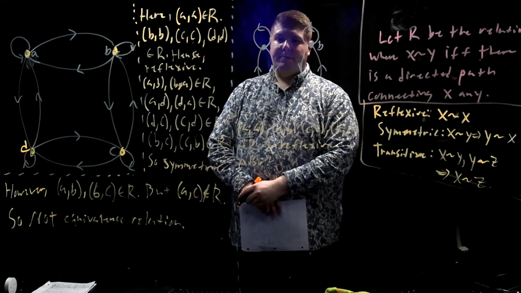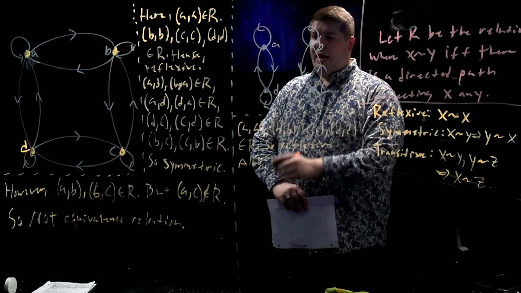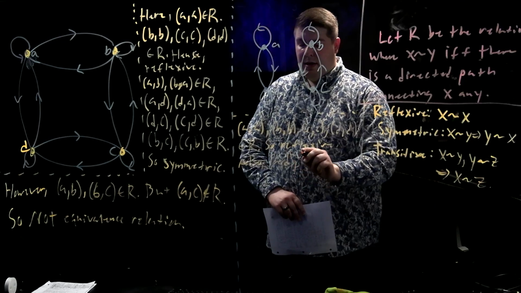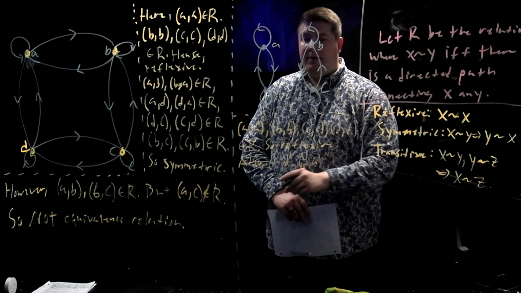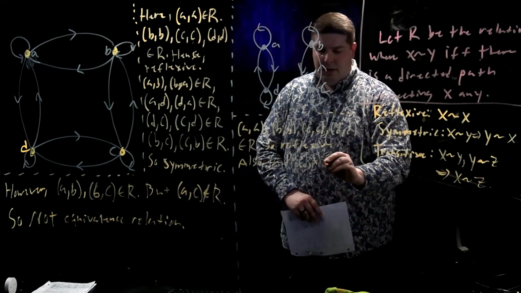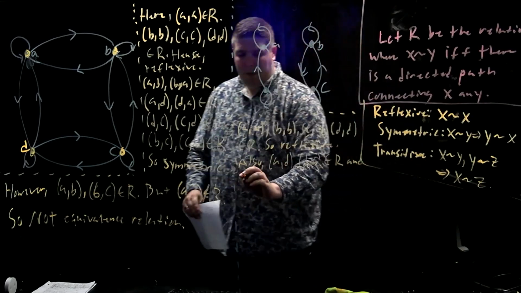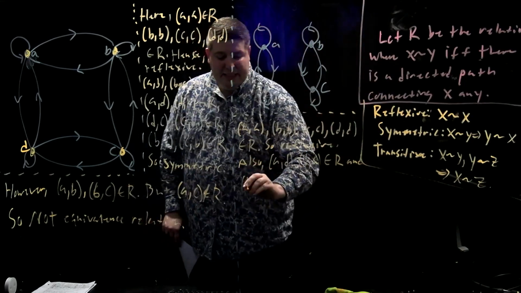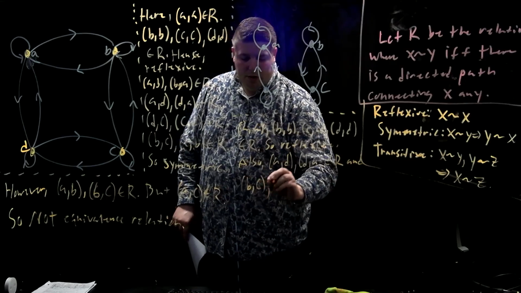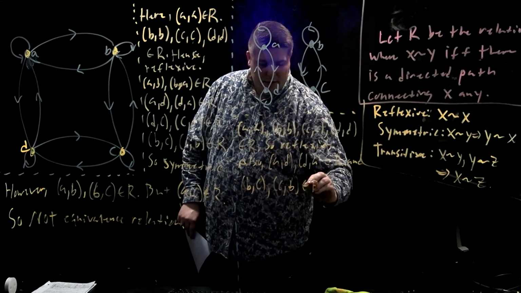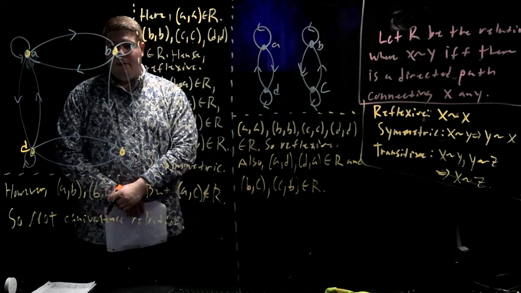Also, we see that AD, A goes to D, but also DA is in the relation. And what else? We see that BC, but also CB is in the relation.